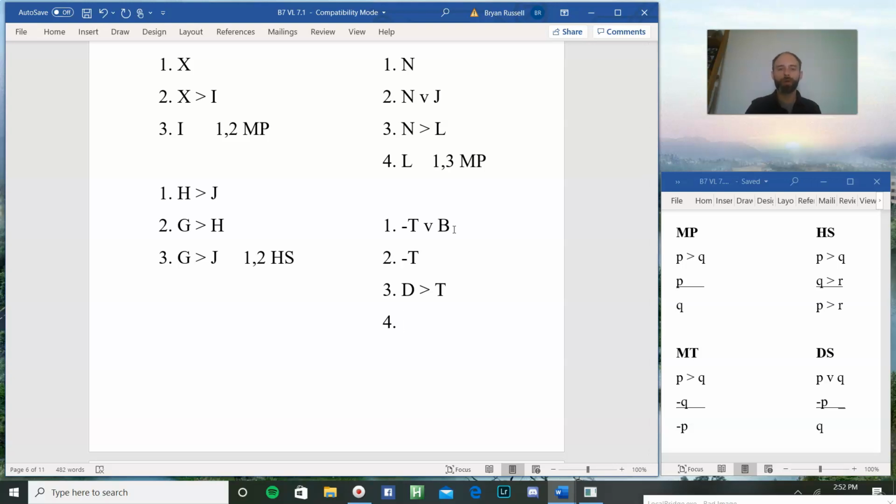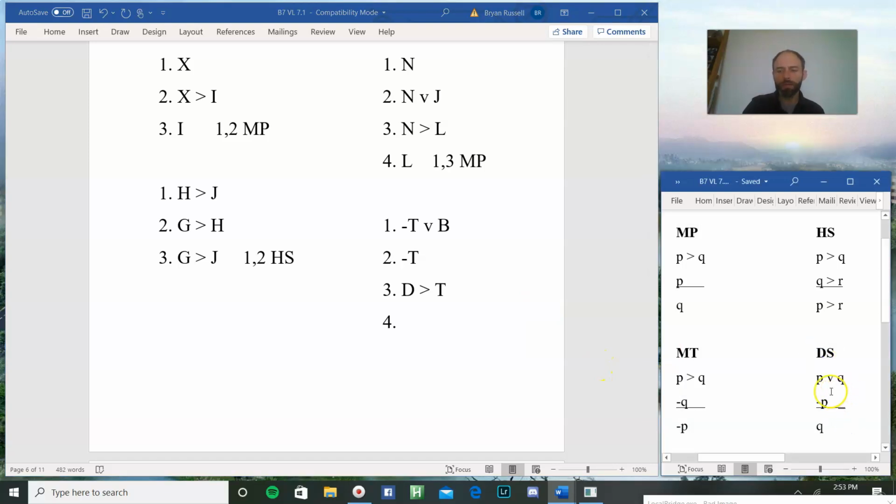but we'll go slow. So here we have not T or B. Can we use line 2? Line 2 gives us just not T. Well, maybe what we might suspect here is that we would be able to do disjunctive syllogism.